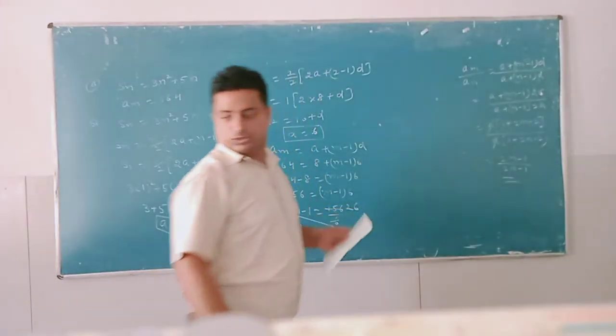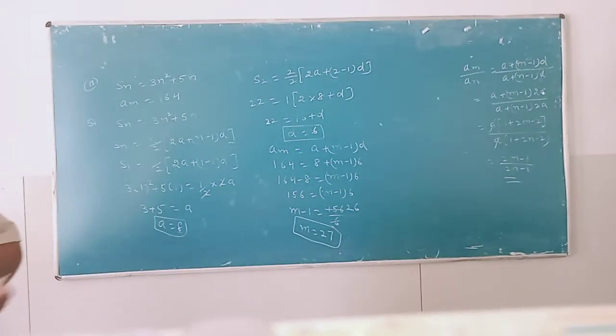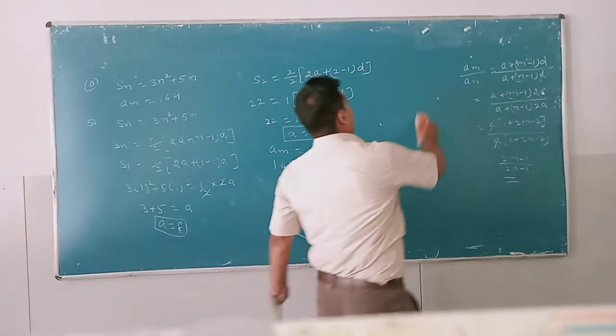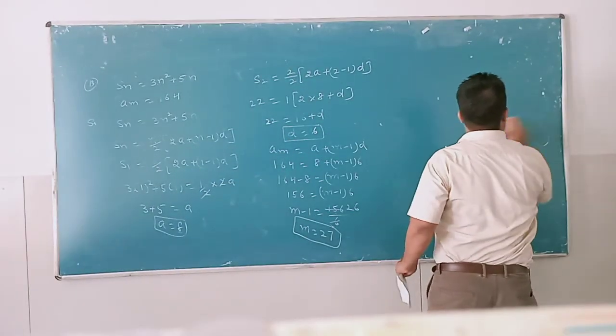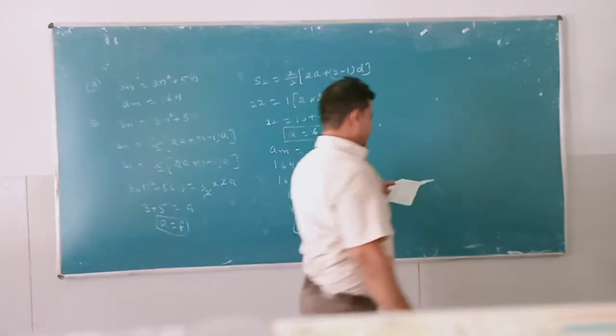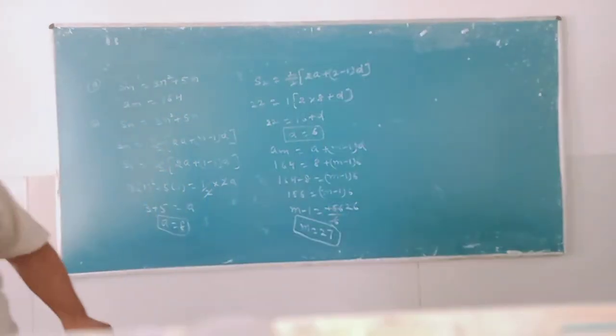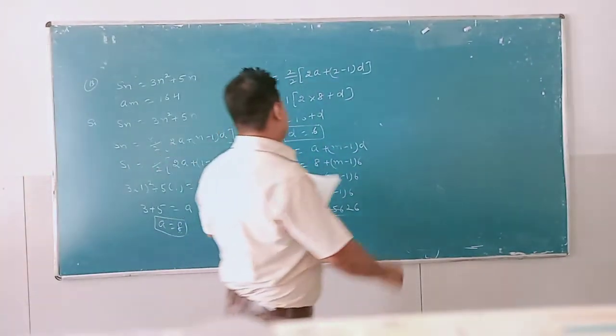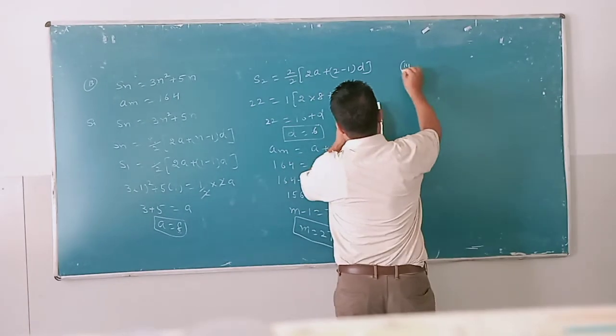In the next question, the statement is: insert 5 numbers between 8 and 26 so that the resulting sequence is in AP.